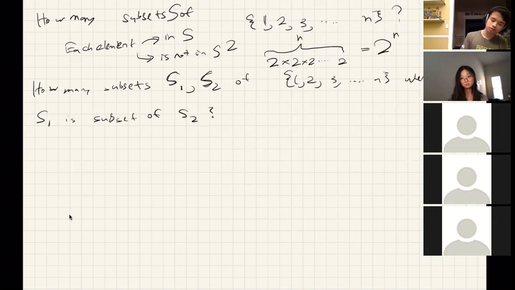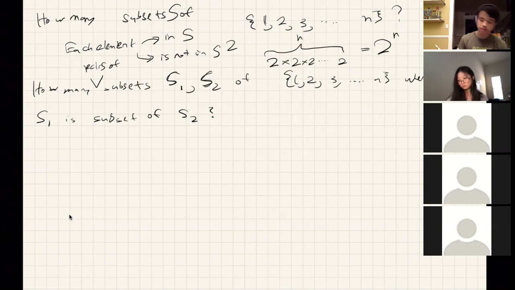So how many pairs of subsets S1 and S2 of the integers from 1 to n are there where S1 is a subset of S2? When you look at this question, there's a bunch of subsets. S1 has to be a subset of S2. S2 is a subset of this even larger set, and it seems a little bit daunting, I guess.